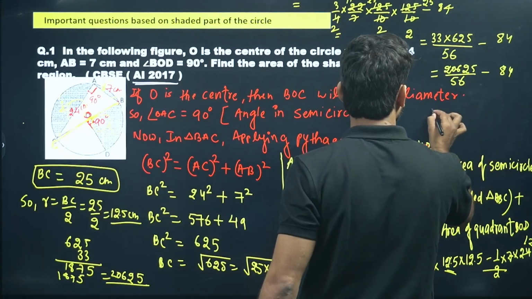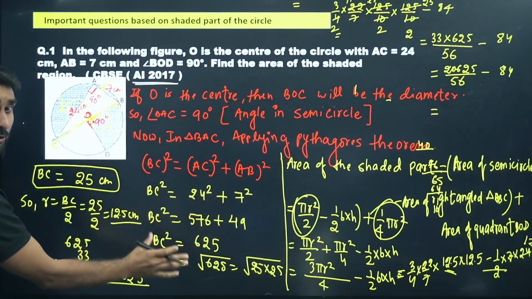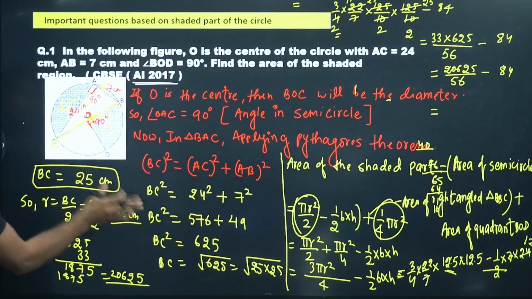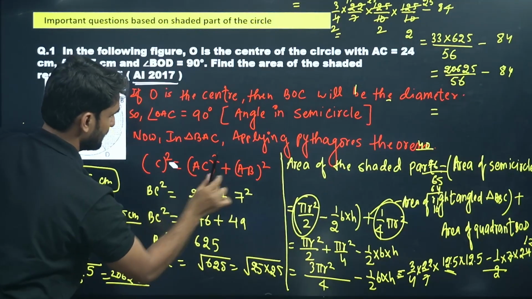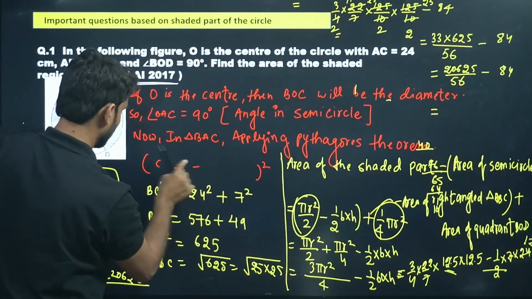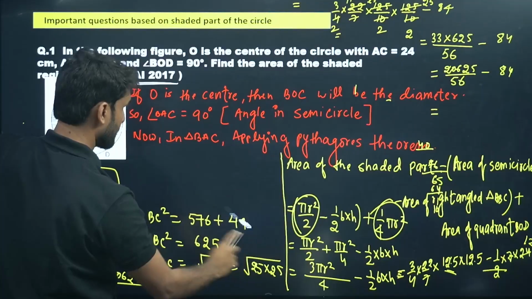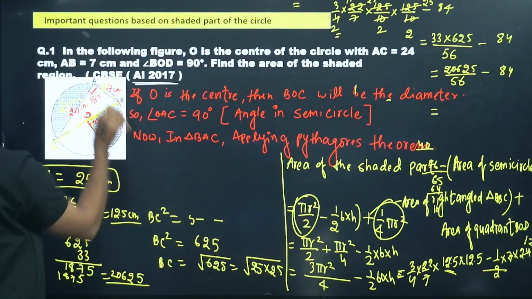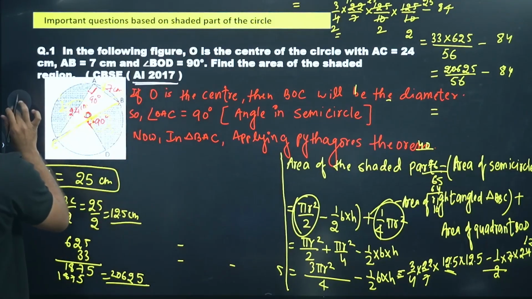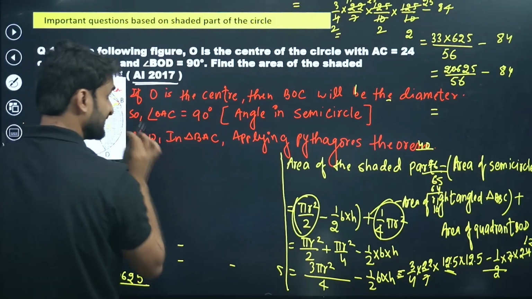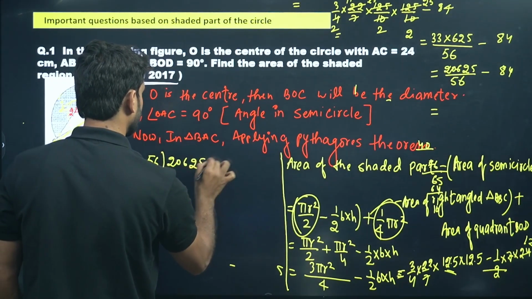I need to divide this value by 56 because I am keen to get the accurate answer; without finding the answer, the satisfaction will not be there. So we have to divide 20625 by 56. How can we do it? 56 is there, and we divide 20625.